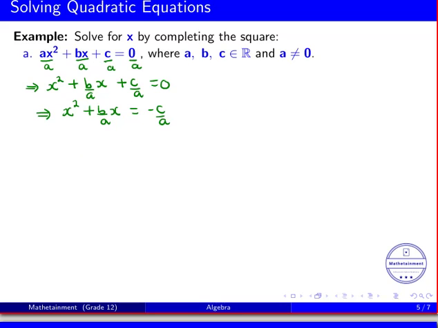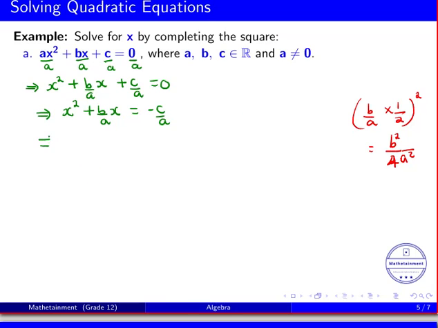Now, take the coefficient of x, and in this case, the coefficient of x is b over a. Multiply it by 1 over 2 and square the product. So what we are getting there is b squared over 4a squared. So that's what we are going to add on both sides of the equation.